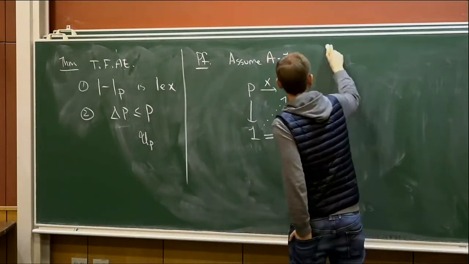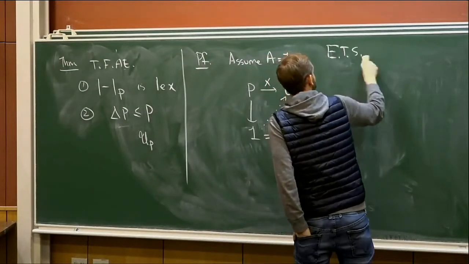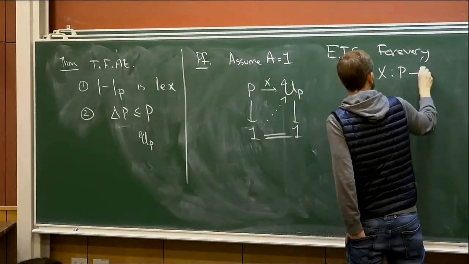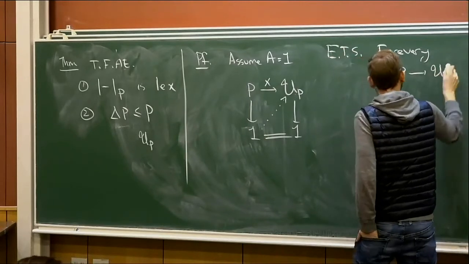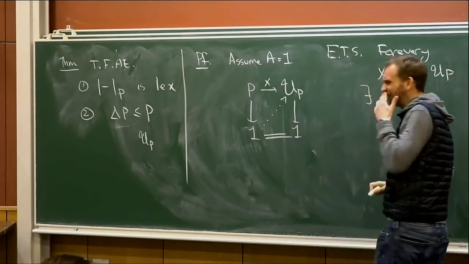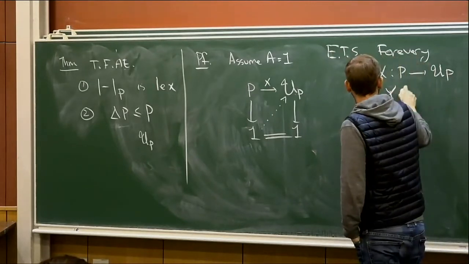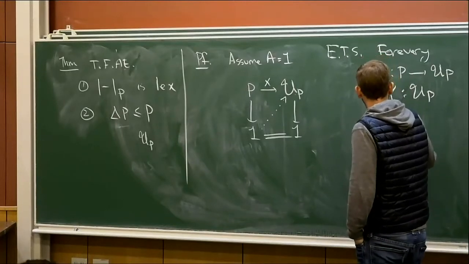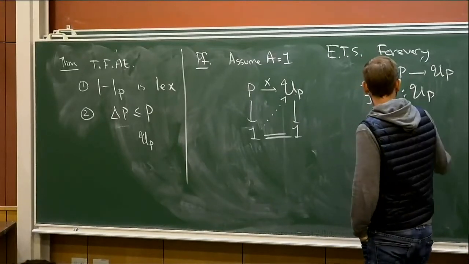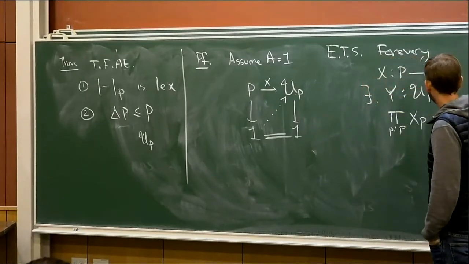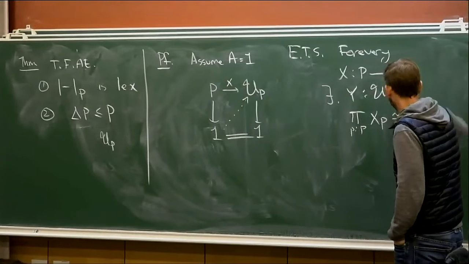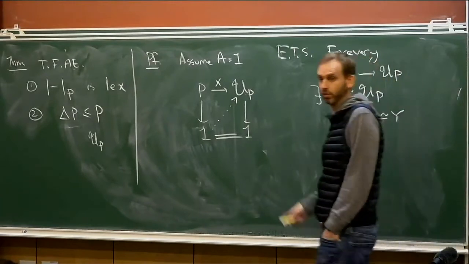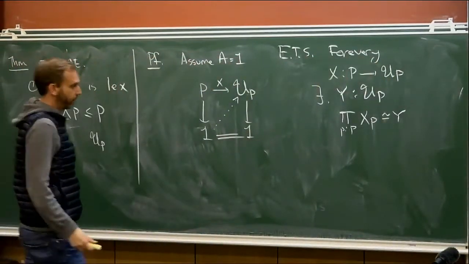Enough to show: for every modal family over P, there exists, and it's automatically unique, a modal type Y, such that for all P, the value of my fibration at P is equivalent to Y. That's just a rephrasing of the definition of what it means for the universe to be modal.